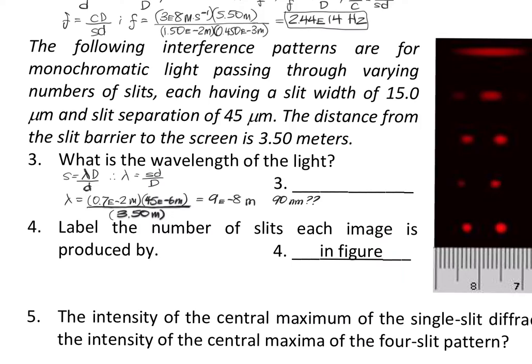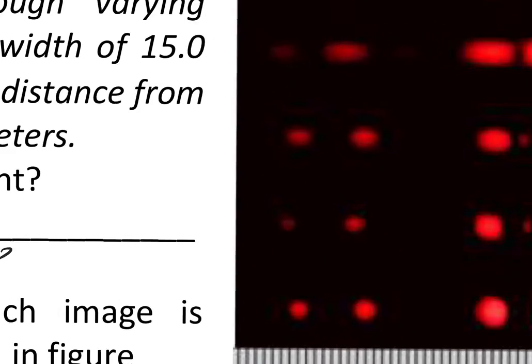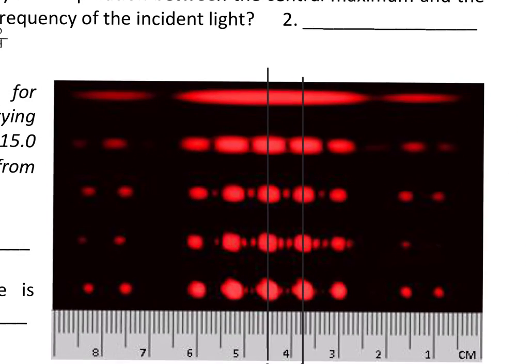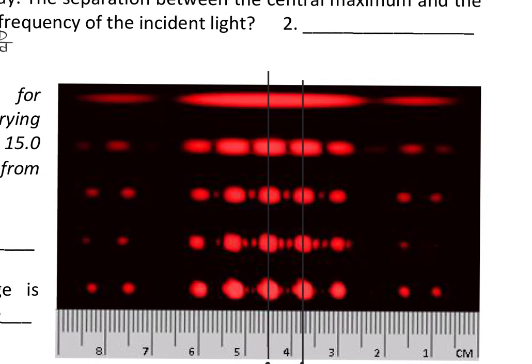Number 4, label the number of slits each image is produced by. So as you increase the number of slits, the maxima become tighter and more intense. And so we start off at the top. Let me get my yellow going on here. So this is one slit.